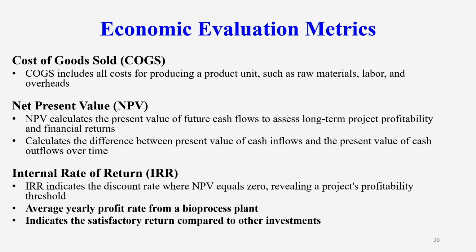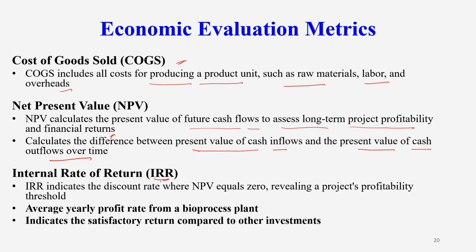Now, what are the metrics which we consider for the economic evaluation? First is cost of goods sold. It includes all costs of producing a product unit such as raw material, labor and overheads. Then another term is net present value. NPV calculates the present value of future cash flow to assess long term project profitability and financial returns. Basically, it calculates the difference between the present value of cash inflow and the present value of cash outflow over time.